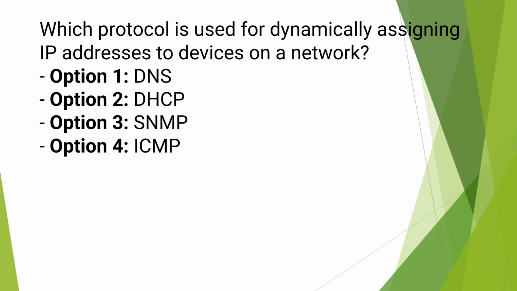Okay, what is the protocol used to dynamically assign the IP address to the MAC address? Dynamic Host Configuration Protocol. Basically this is used to assign dynamic IP addresses. How does it work? It is very important to know DHCP.